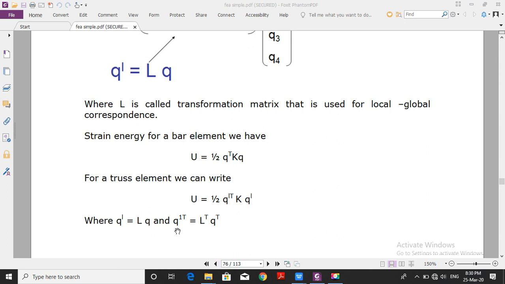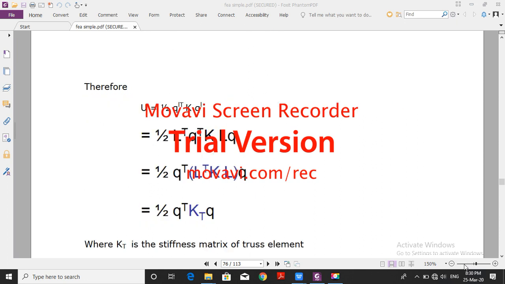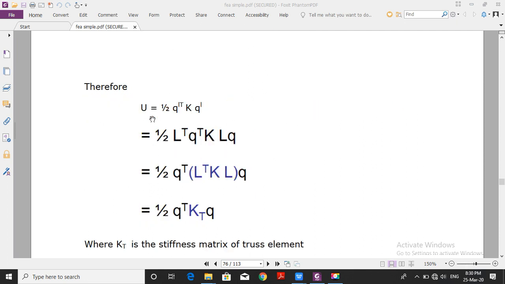So q dash transpose is equal to q transpose L transpose, so that it will be equal to half of q transpose L transpose k into L into q.